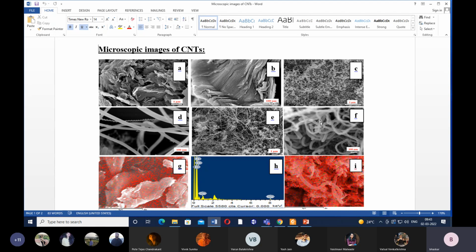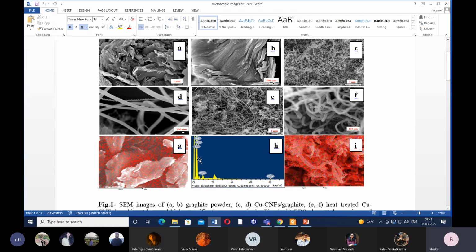By this analysis, one can show that here is our active metal. I'll show you in a short while. Just a few minutes back, I talked about the energy dispersive X-ray spectroscopic analysis. To detect the presence of a metal on the surface of a support, we make use of this method. So here you can see the energy dispersive X-ray spectroscopic analysis of this material.